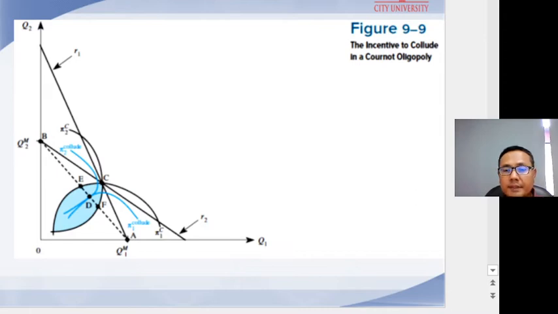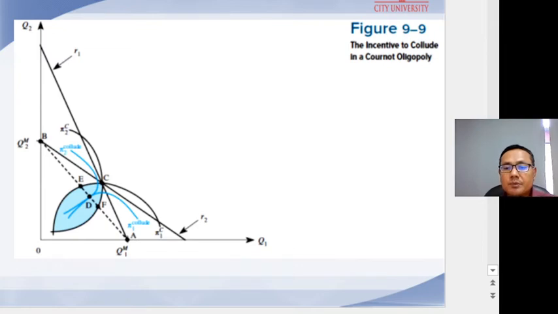For example, at point D, each firm produces less output and enjoys greater profit, since each firm's isoprofit curve at point D is closer to the respective monopoly point. In effect, if each firm agreed to restrict output, the firms could charge higher prices and earn higher profit. The reason is easy to see. Firm 1's profit will be highest at point A where it is a monopolist.